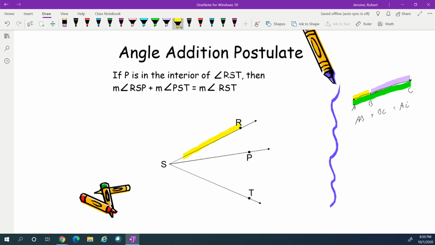So we have the first angle, then we have the second angle right next to it, and together that's going to make the big angle. So if you think about it, we're really doing the exact same thing. That first little angle, the yellow one, is angle RSP.